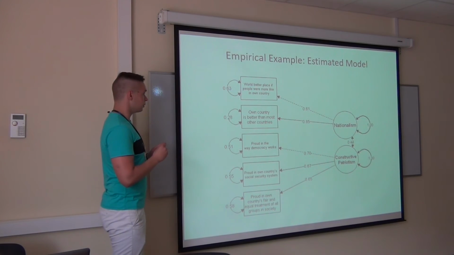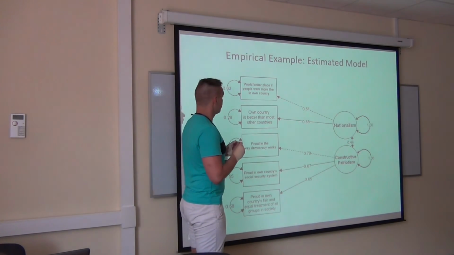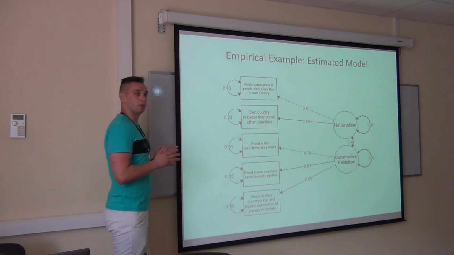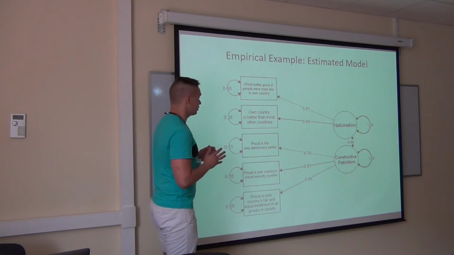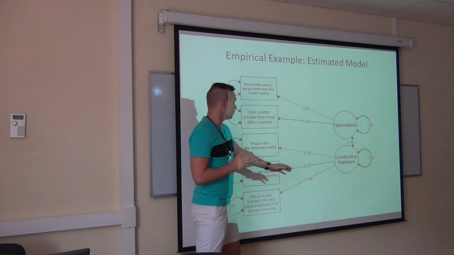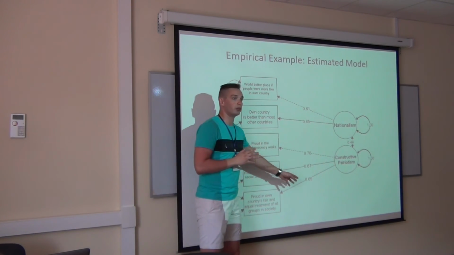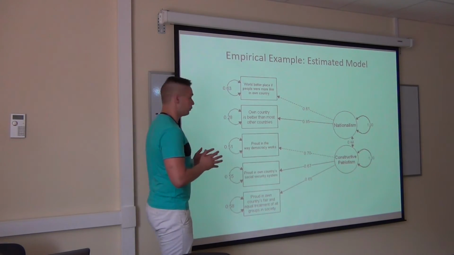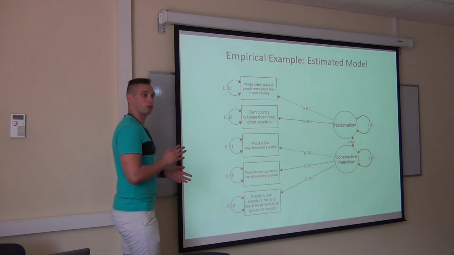Then, the relative sizes of factor loadings between indicators related to the same construct may also be important. What can we say in this context? If we consider the latent variable constructive patriotism, we will see that all factor loadings are about the same size. The difference between the highest and the lowest is 0.05, which is negligible.